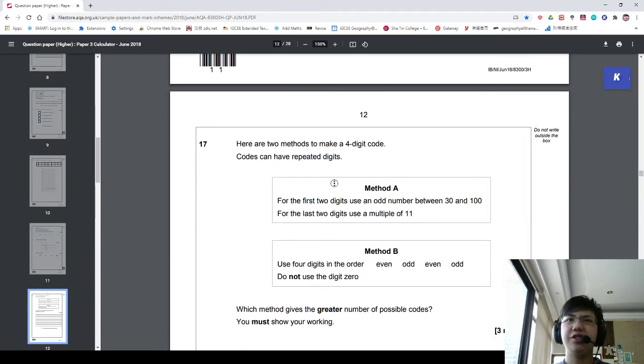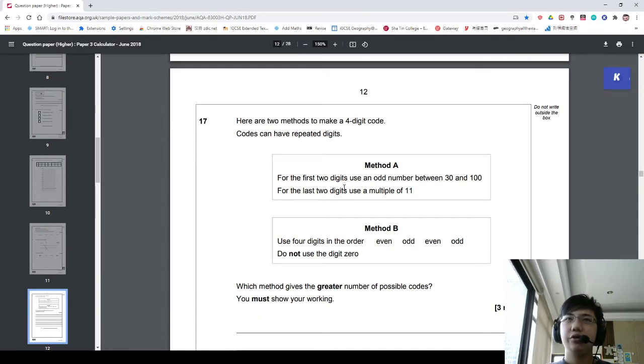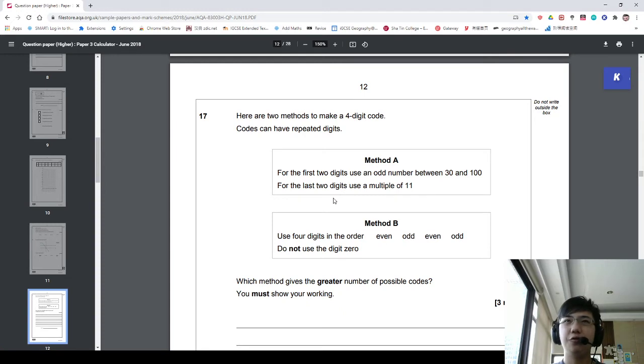Moving on to question 17. You're given 2 methods to make a 4-digit code, and the codes can have repeated digits. So method A: the first 2 digits use an odd number between 30 and 100, and the last 2 digits are a multiple of 11.